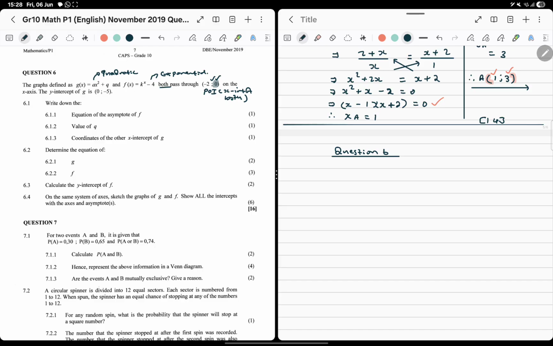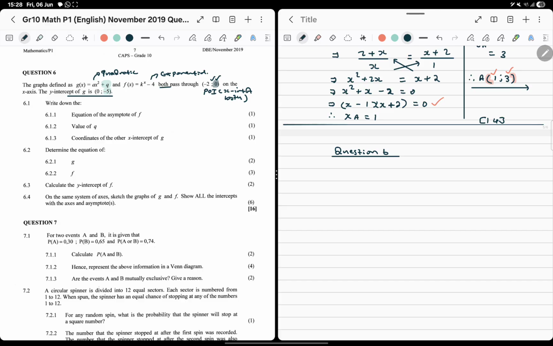Okay guys, let's finish. So okay, the y-intercept of g. So can you see g? We are given the y-intercept. So what does that mean? This means this minus 5 is q. Because the y-intercept in a parabola like that is basically the turning point as well.